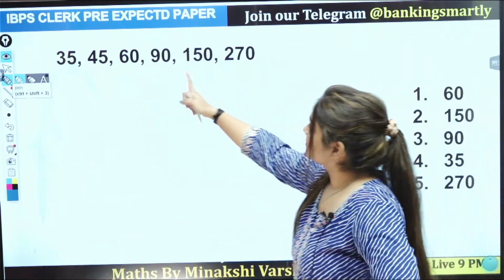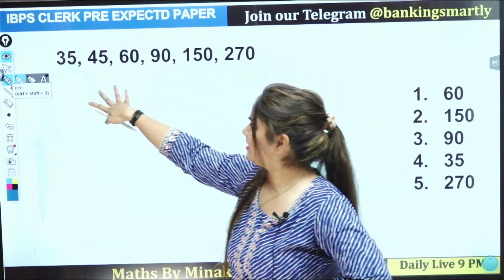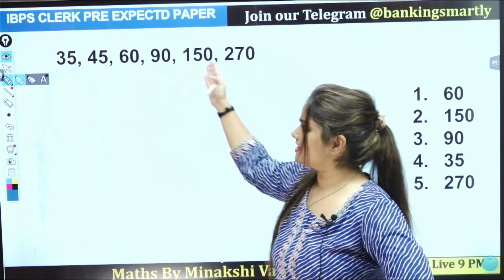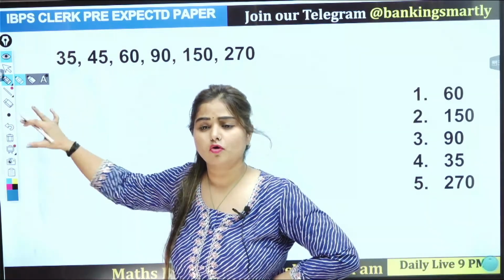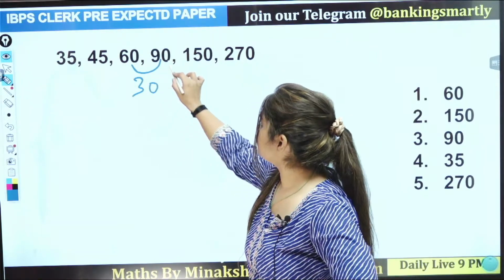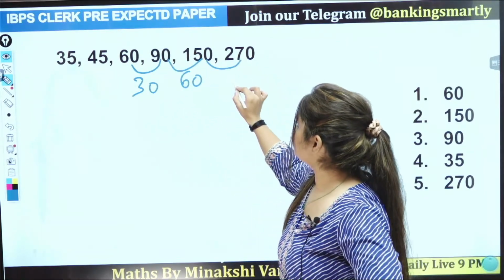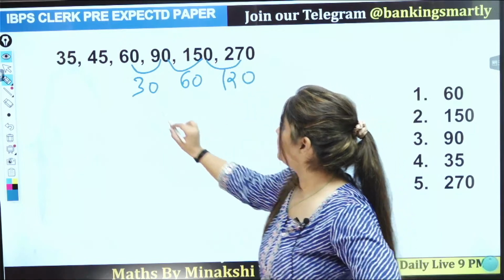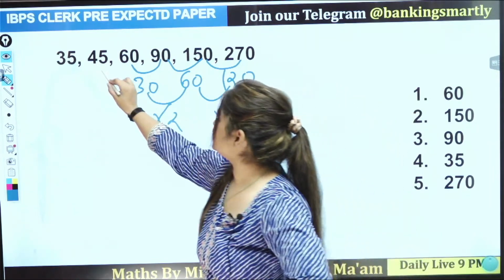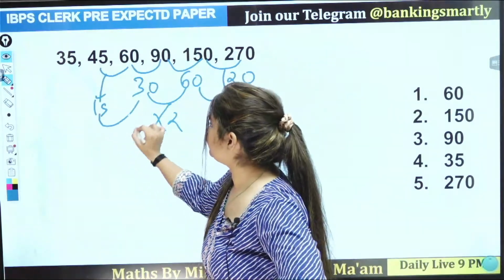This time what we have here is 35, 45, 60, 90, so we can say the numbers are nearby, and we can go with the difference. There is a difference of 30, then 60, so the earlier one should be half: 7.5 times 2 is 15, and 15 times 2 is 30.